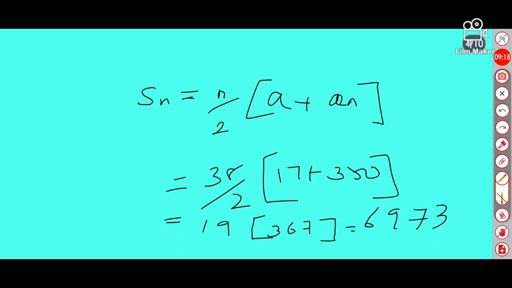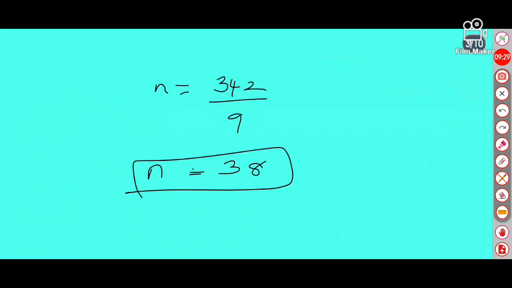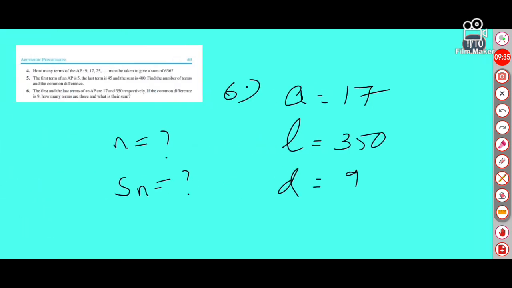So this is the sum value that is being asked in the sixth question. Their sum is 6973 and the number of terms, the value of n, is 38. So this is the sixth question that is given in exercise 5.3.